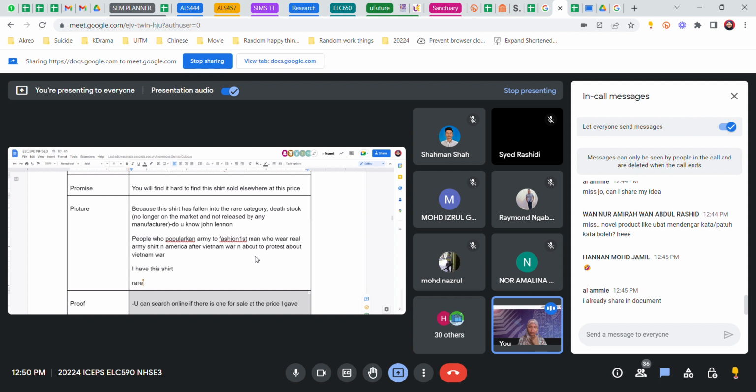I'm curious, if this shirt is not released anymore by any manufacturer, where are you getting it? Why can't I buy it online? If you're buying it online, why can't I buy it online?